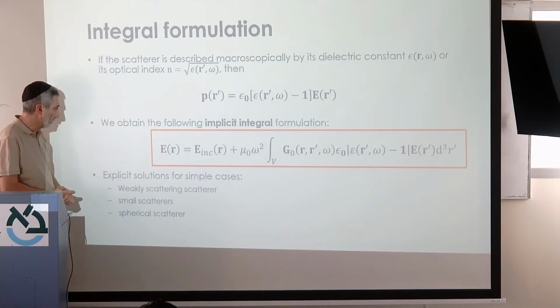Actually, it's called the Born approximation. We will see that next, and we'll also be able to solve the problem for small scatterers and for spherical scatterers. Those are the main cases where we have a direct solution of this integral equation.